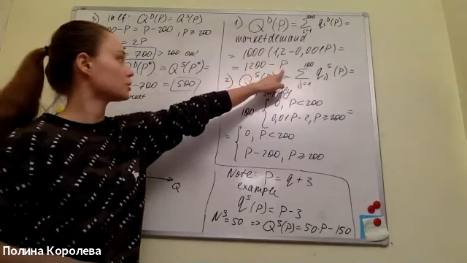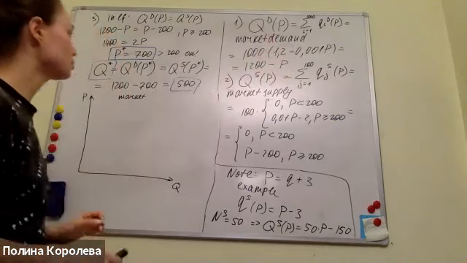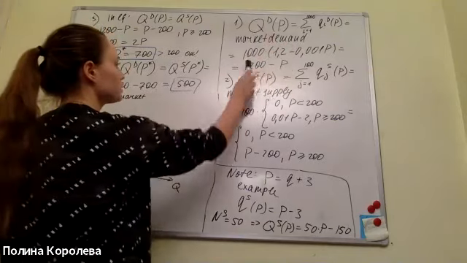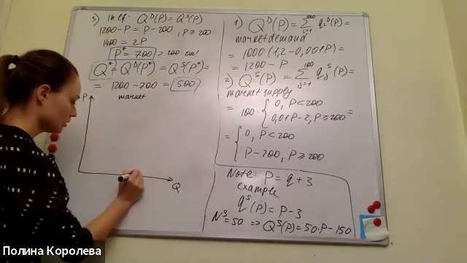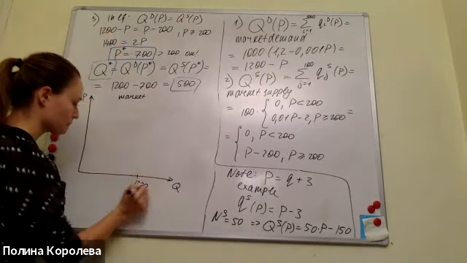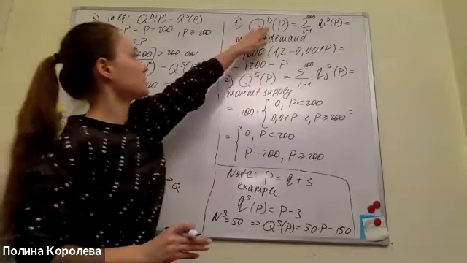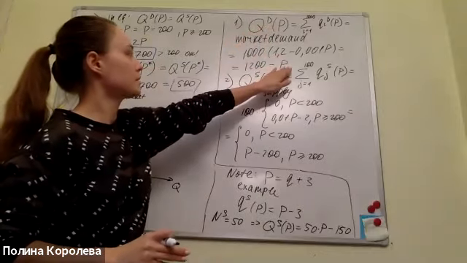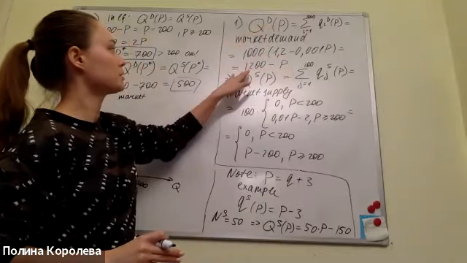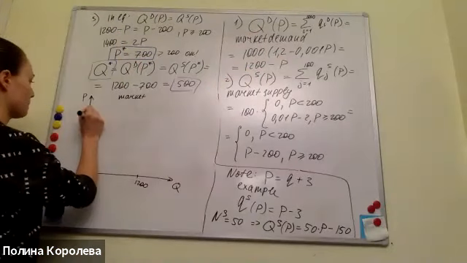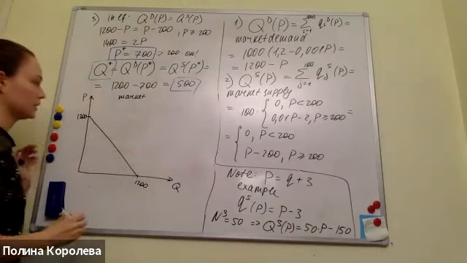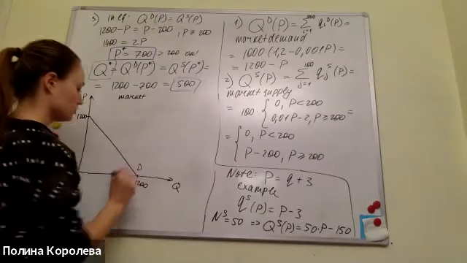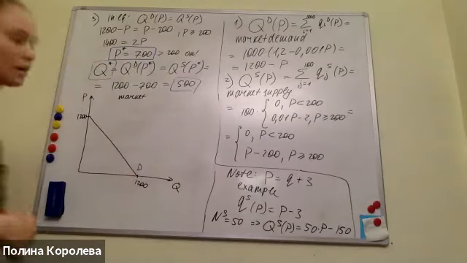This is a linear function with negative slope, so 2 points. If price is equal to 0, quantity is equal to 1,200, put here. If quantity is equal to 0, the maximal price will be equal to 1,200. See. Linear function. This is the demand.